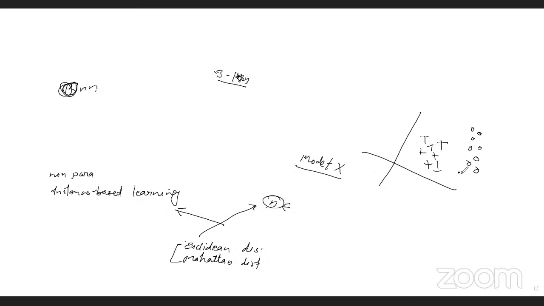Let's say first, second, and third are the neighborhood for this example. Because the majority are class 0, I will predict that this example belongs to class 0. So in KNN, it checks the neighborhood and the majority class wins.